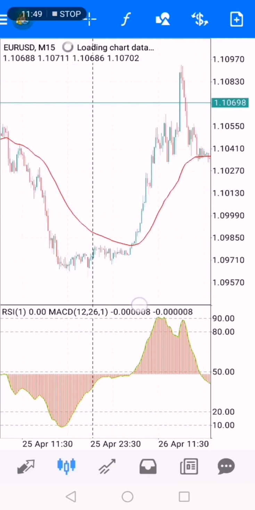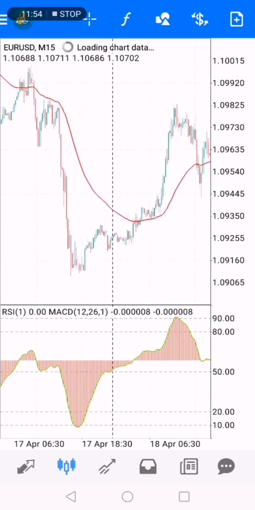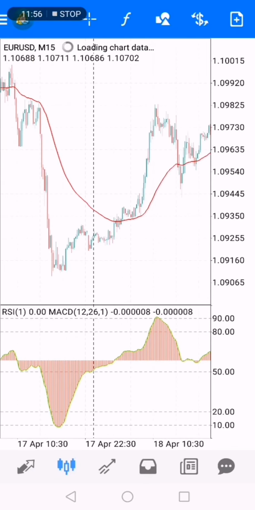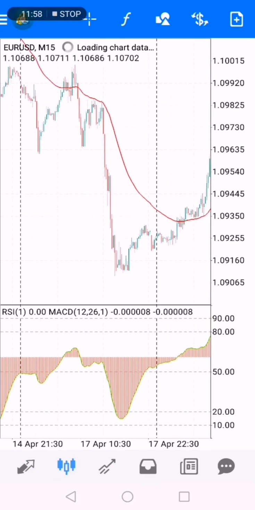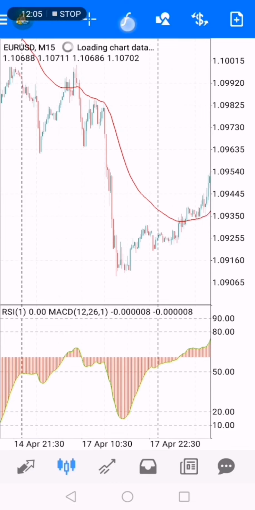Let's see if we can find one last buy or sell opportunity. So we also have a buy opportunity.